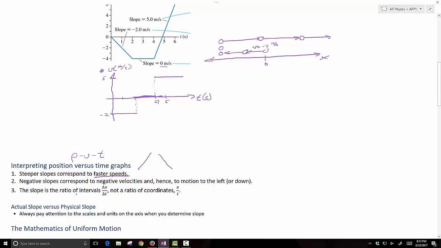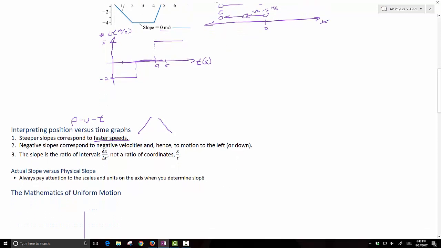The slope is the ratio of the intervals, not the coordinates. So you can't just take the position and time and divide them. That does not work. You have to get the change in position, and then also the actual slope.